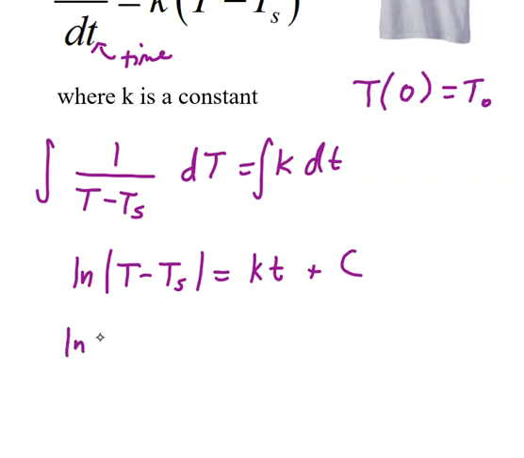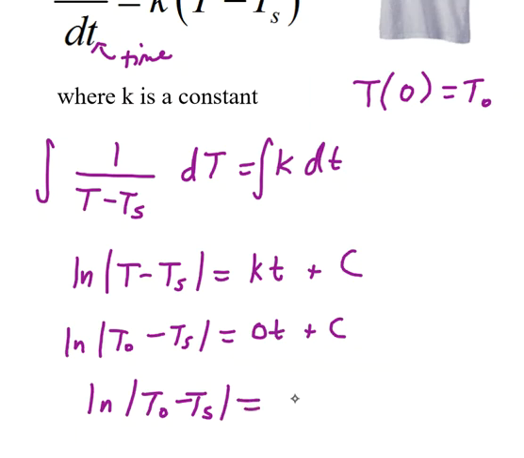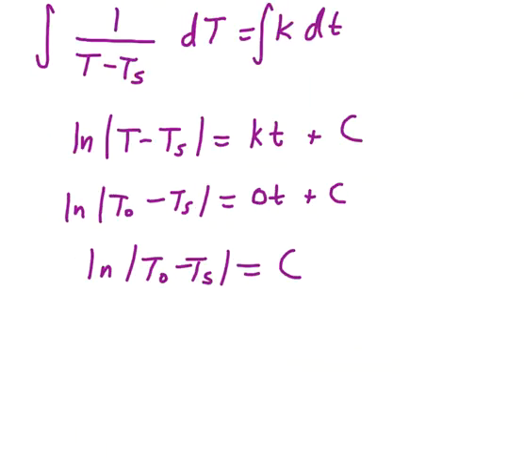So I would have ln of T0 minus Ts is equal to k times 0 plus c, which is a nice thing because look at how nice that is. I don't have much to solve. My c is equal to that. That's just lovely. So now I'm going to convert to an exponential.